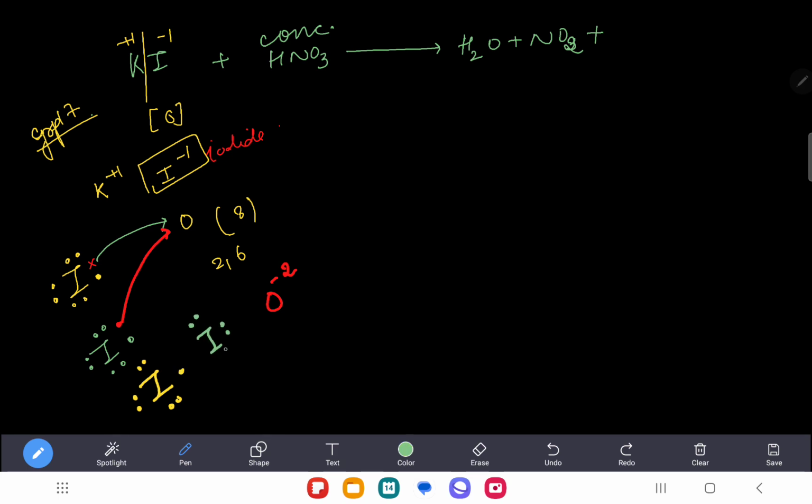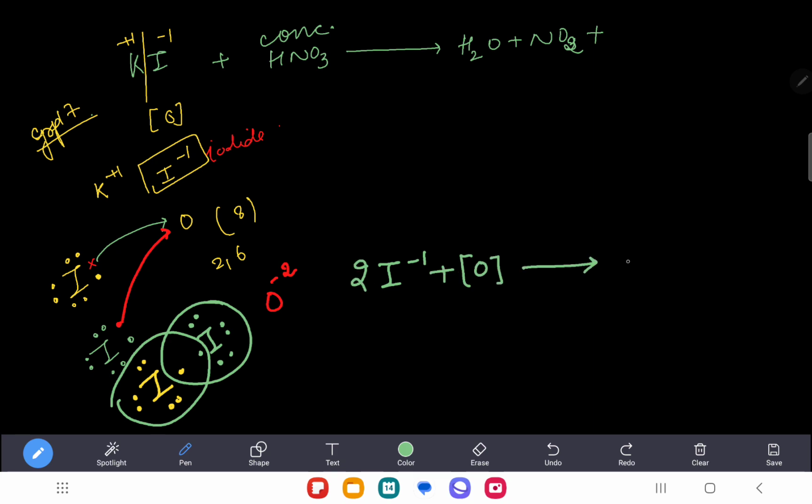So when they combine, they form I2. So 2I negative, when they combine with the nascent oxygen, will form I2. And the oxygen, since it is gaining 2 electrons, is going to become O minus 2. Do you understand my point?